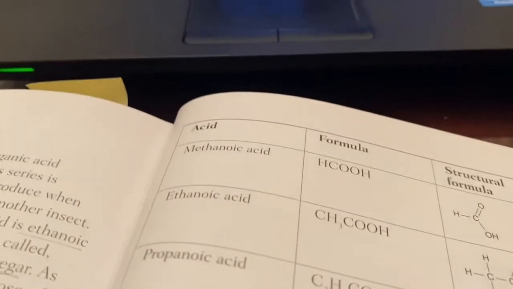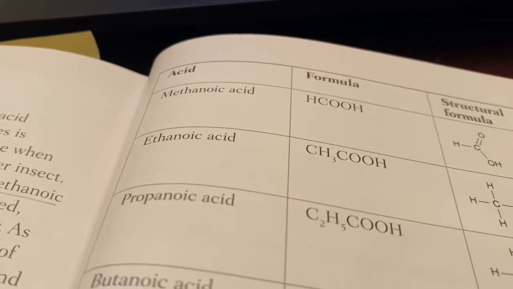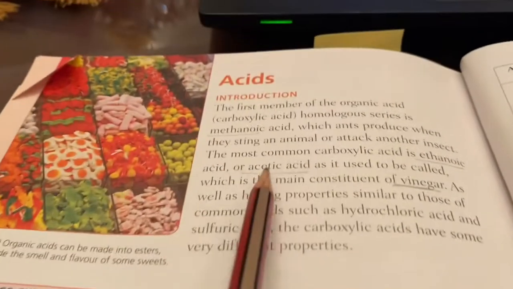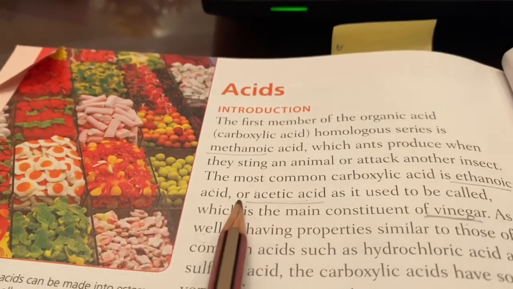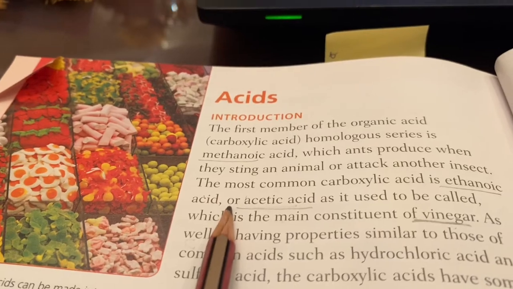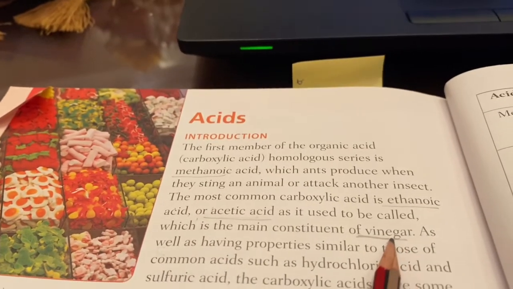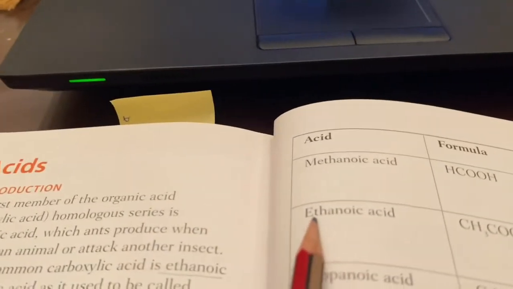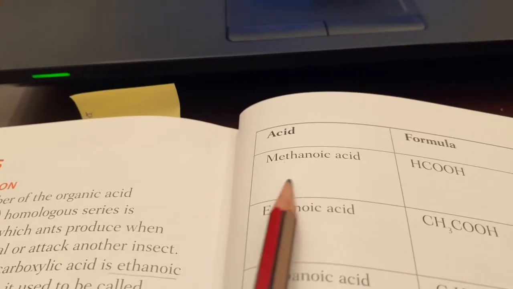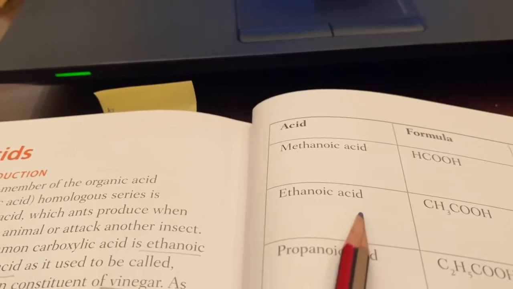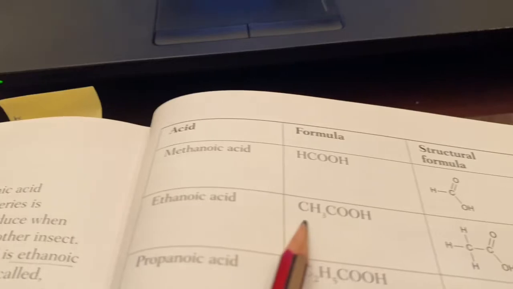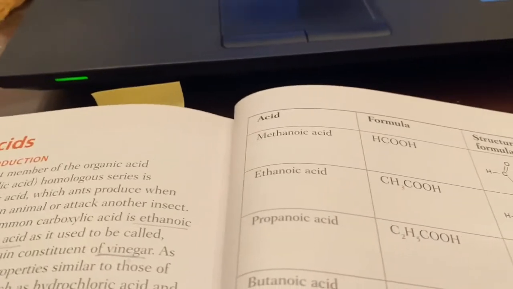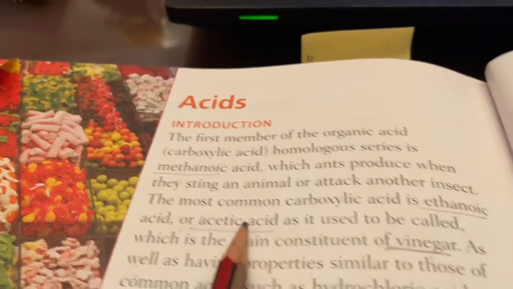This is the formula for ethanoic acid, which is known as acetic acid. This acid is present in vinegar. The molecule that makes up vinegar is ethanoic acid, also well known by the name acetic acid.